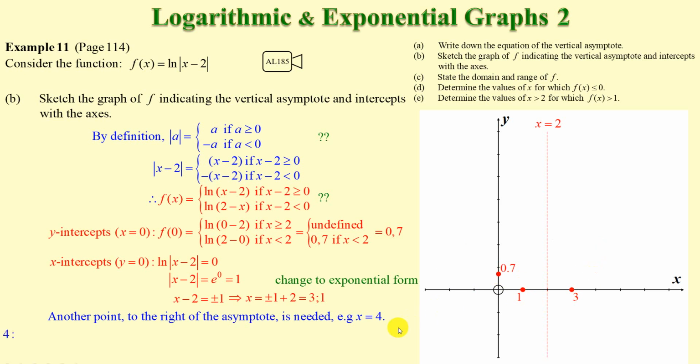Or we can substitute. Let's substitute at this stage. So I'm substituting 4 into that definition there. Well, it's ln of 2, which is 0.7, and that confirms the symmetry story.